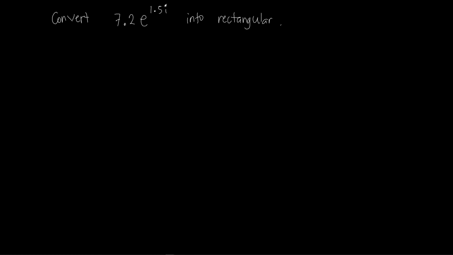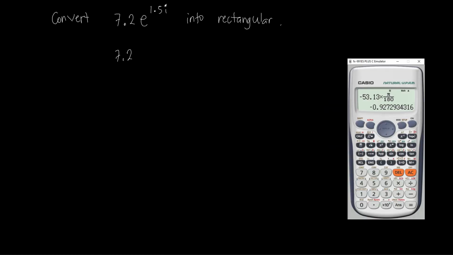So, we have 7.2. Ang 1.5, naka-radian man na siya, so unsa atong buhaton? Times 180 over pi.